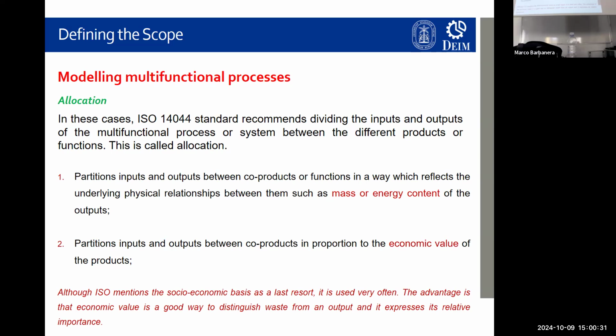So in that case, probably the economic value is the only way to apply the allocation procedure. So the choice depends on the types of the products.